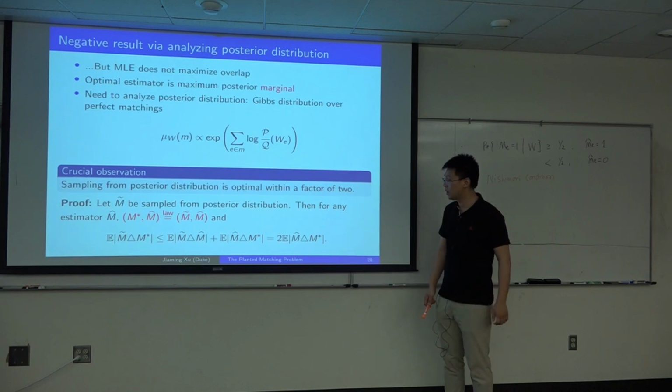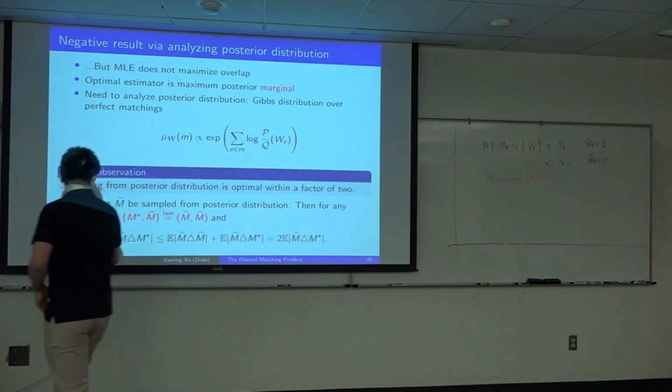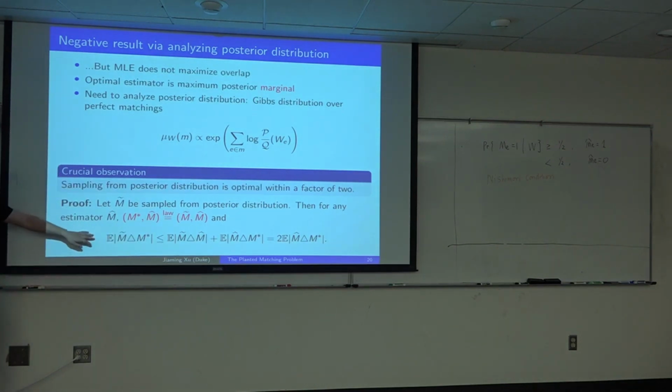So for our purpose, if we can get a lower bound for this posterior sampling estimator, it will give a lower bound for any estimator m hat. It's enough to show an error bound for m tilde, and then you are at most off by a factor of 2.